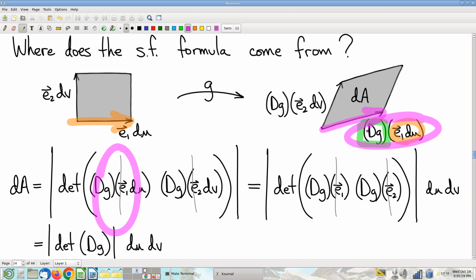Well, that brings up the question, how do I know what this orange vector is? For this one you can look at the picture. By assumption, I've got a little sub-rectangle here. I know this vector's direction and its magnitude. It's pointing in the E1 direction, because, well, look at it.